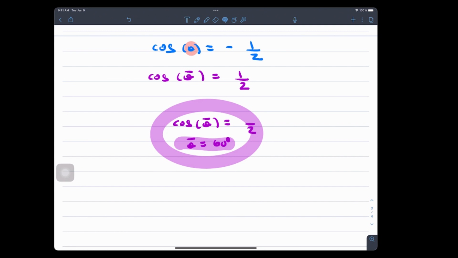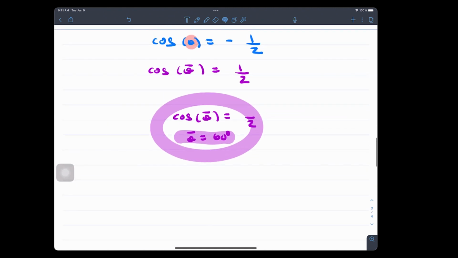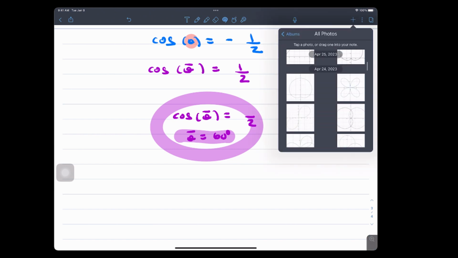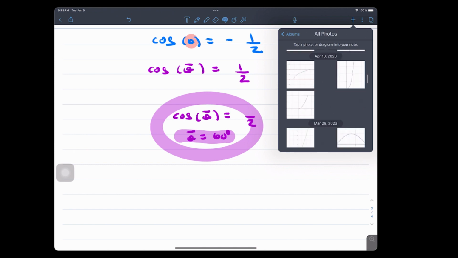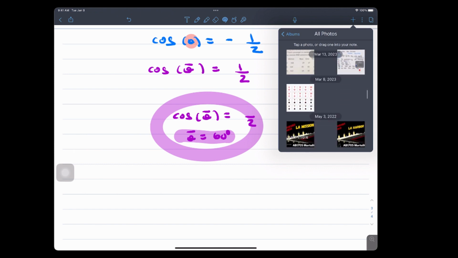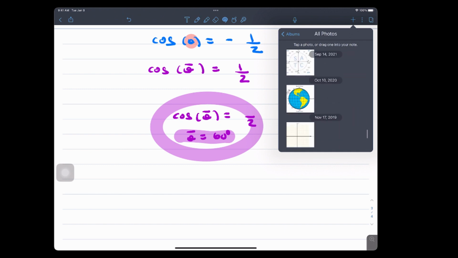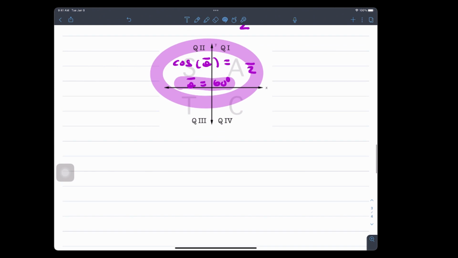Okay, so we know that cosine of the reference is positive, but that's not what they gave us. They gave us a negative angle. So again, you're going to have to bring in our All Students Take Calculus. I'm going to bring the other one in.